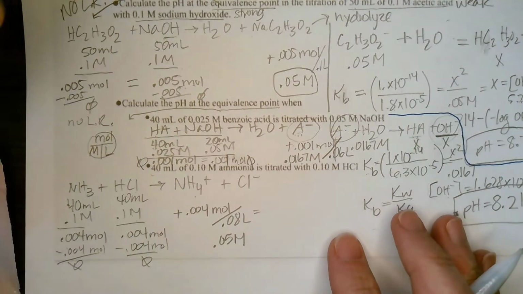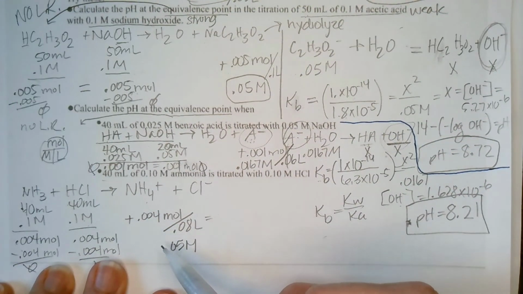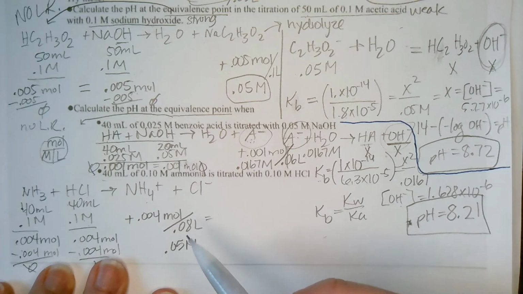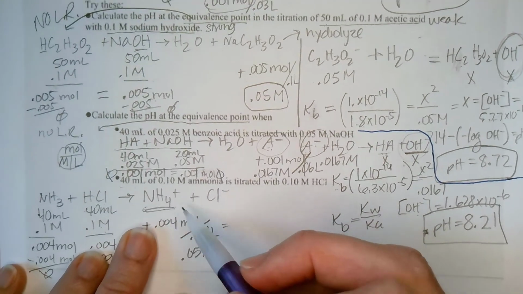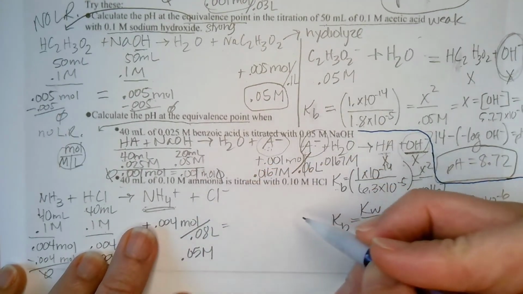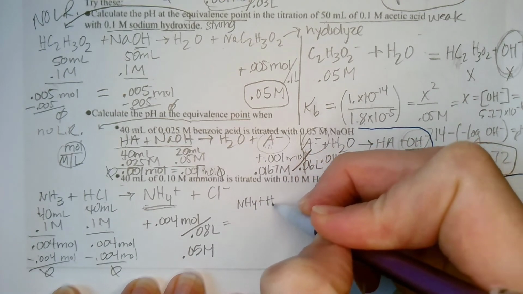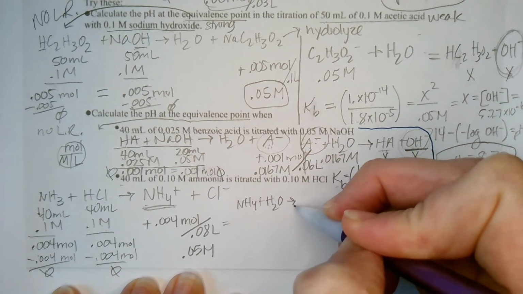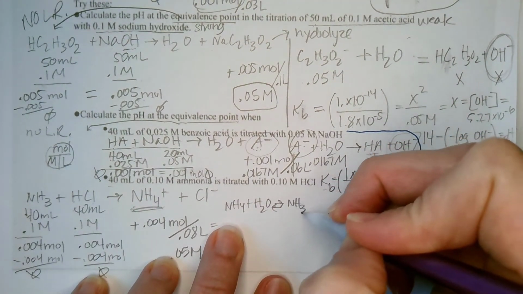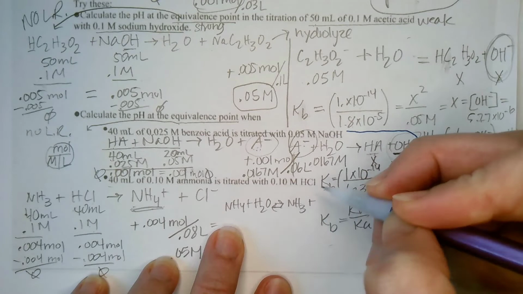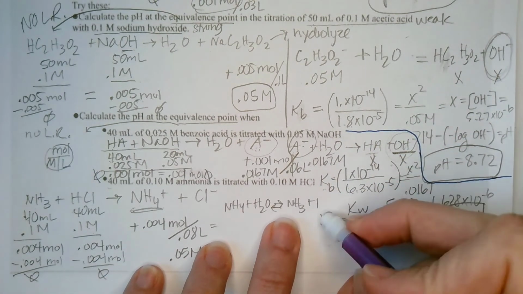And we know that our product is going to undergo hydrolysis. Our NH4 plus, which is our salt, is going to hydrolyze, forming an equilibrium to make NH3 and H3O plus.